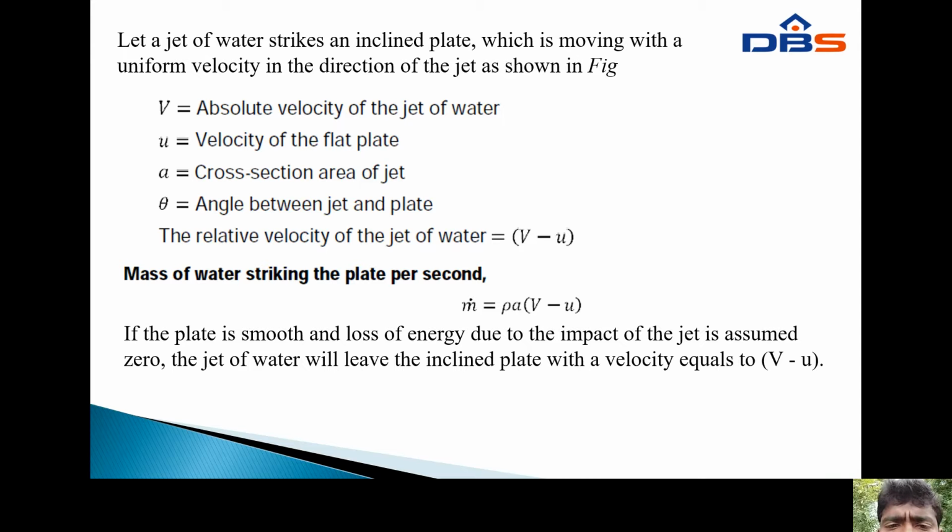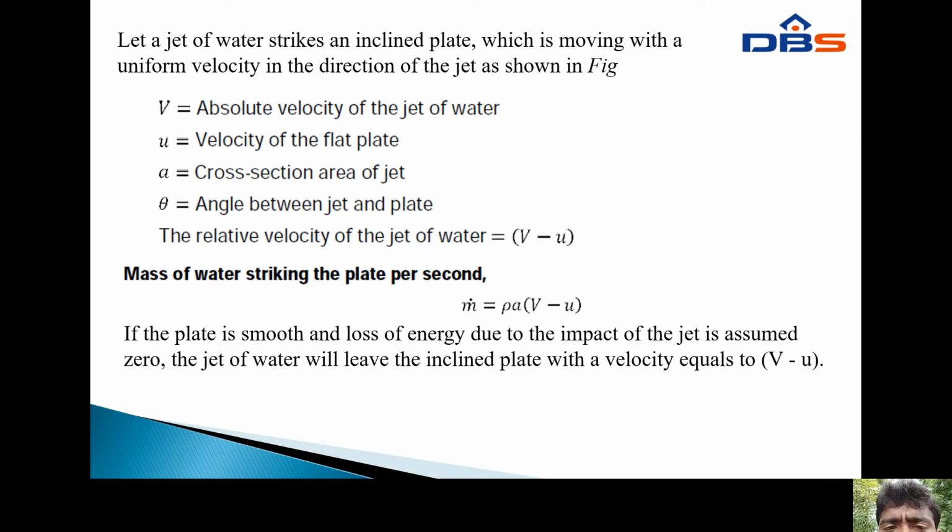The relative velocity of the jet of water equals v minus u. The mass of water striking the plate per second, m equals rho a (v minus u).